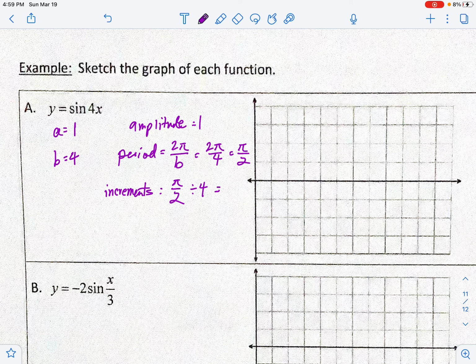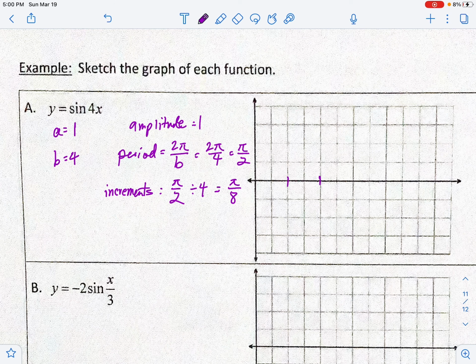I'm going to do keep change flip to divide this fraction, and we get our increments are going to be pi over 8. Okay. So I'm going to be plotting 4 increments, and that will help us with the location of our 5 points in order to graph our full cycle within a period of pi over 2.